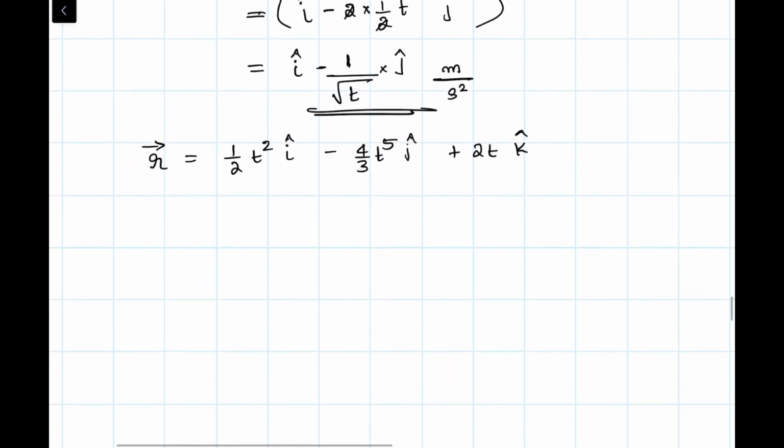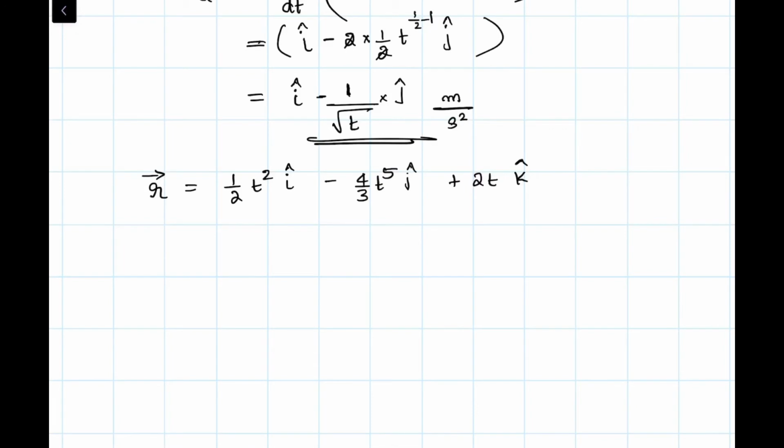Yes. Now we have to calculate the magnitude of the displacement, right? So let's calculate the displacement from t equal to 0 to t equal to 4 seconds.